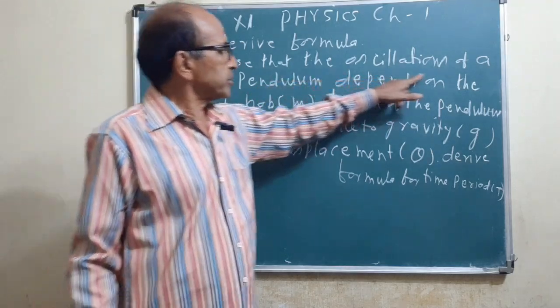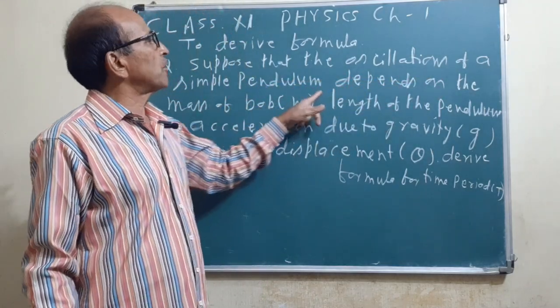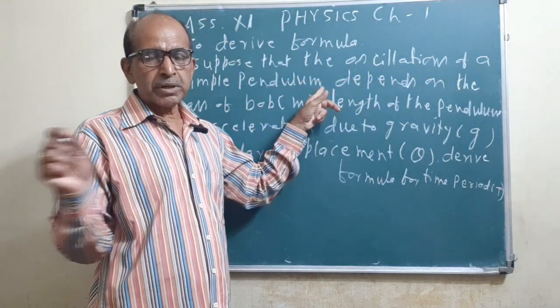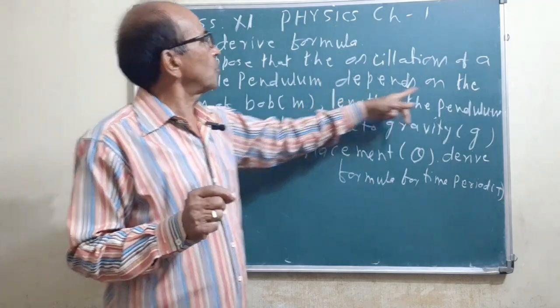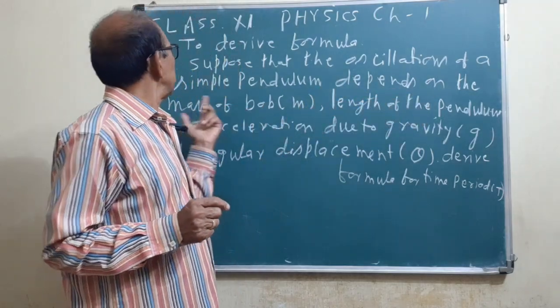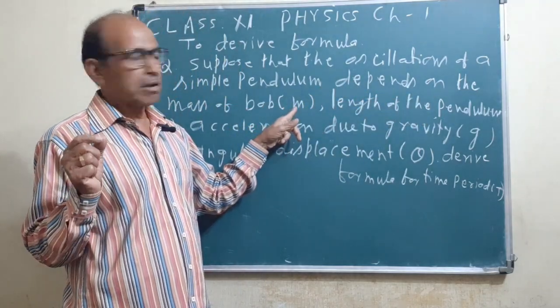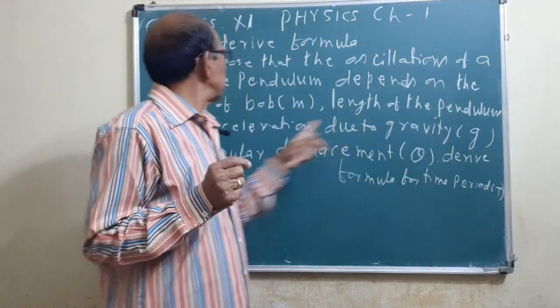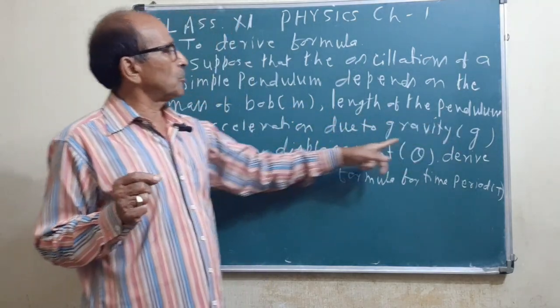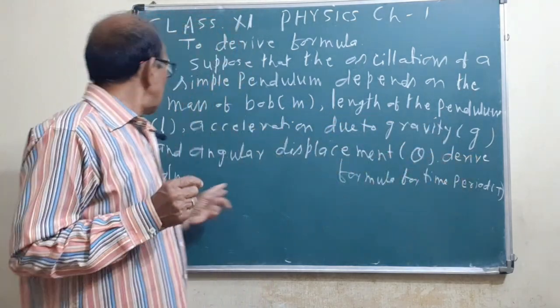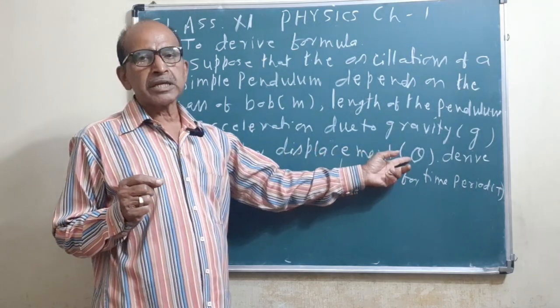Suppose that the oscillations of a simple pendulum depend on the mass of the bob, the length of the pendulum L, acceleration due to gravity g, and angular displacement theta.